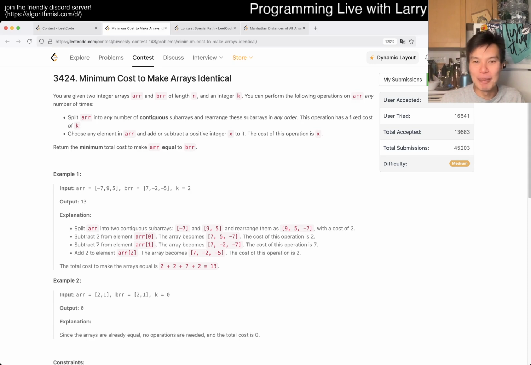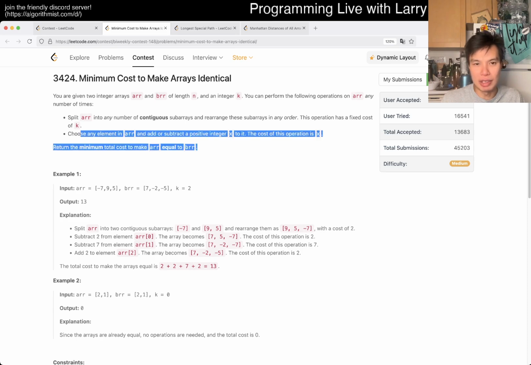Okay, anyway, you can perform the operation on array a any number of times. Any number of contiguous subarrays, to make it equal to array b. Okay, choose a contiguous subarray and rearrange those subarrays in any order. This operation has a fixed cost of k. What is k? Oh, okay, so that's how it's relative.